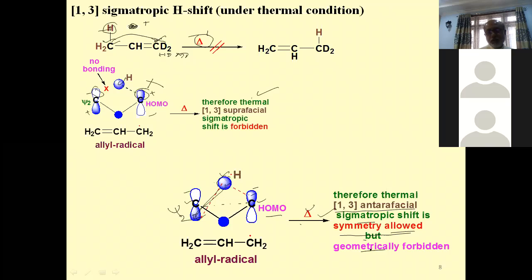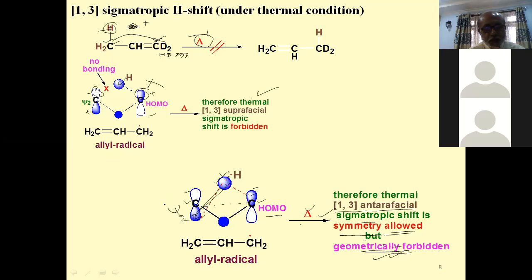The space is too constrained here. This transition state is not going to be possible, so that becomes geometrically forbidden. Thermally, symmetry allowed, but geometrically forbidden. I think you got my point. So it is geometrically forbidden under thermal condition.